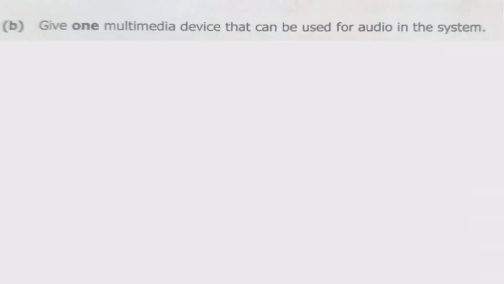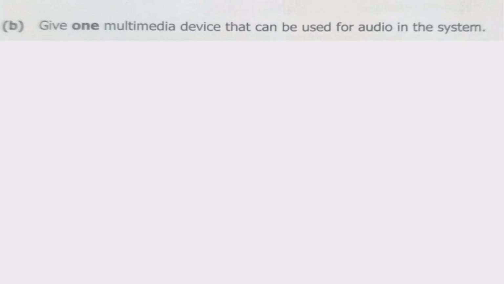Question 1b is as follows. Give one multimedia device that can be used for audio in the system. Here, what they have asked for is not specific.